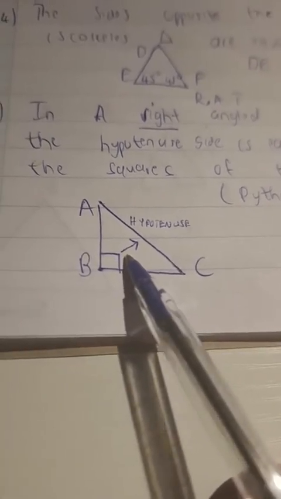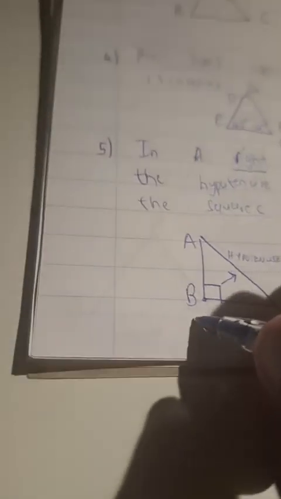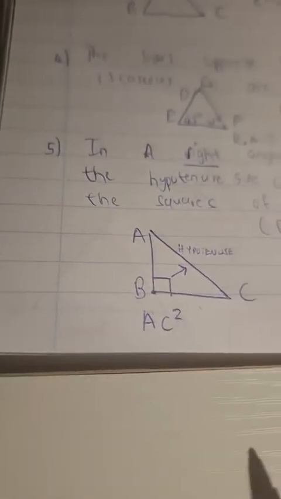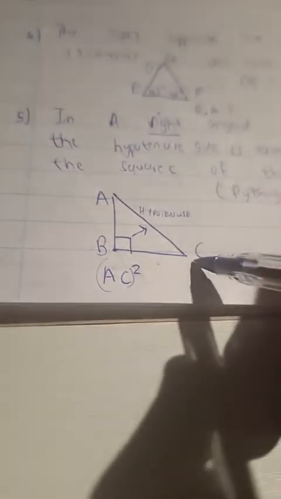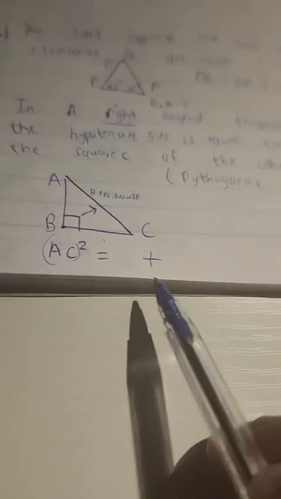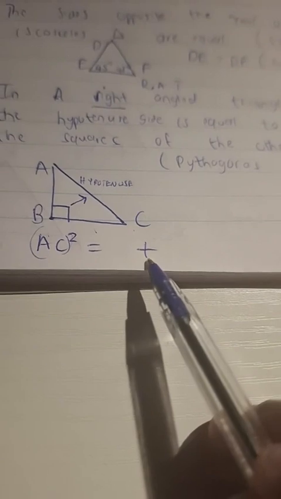Always. So what does this theorem statement say? It says in a right angle triangle, the square, so AC, the side squared, is equal to the sum. Sum means plus.